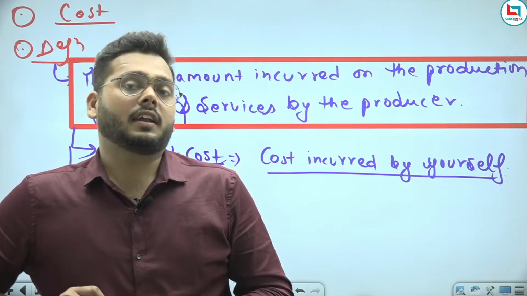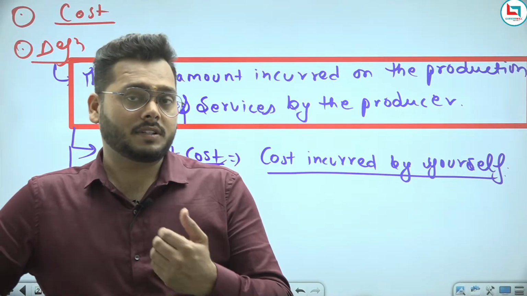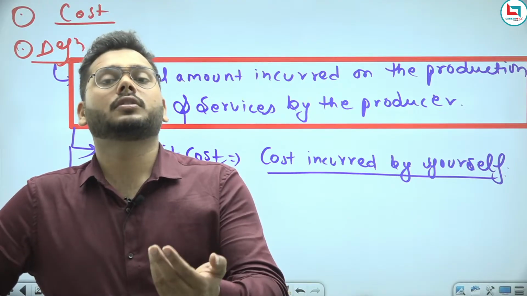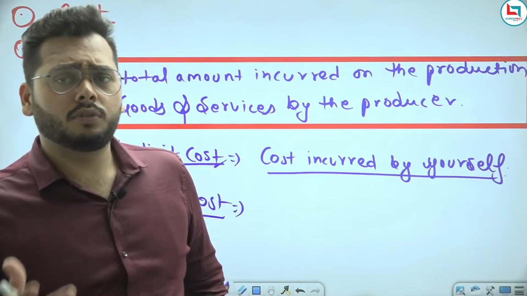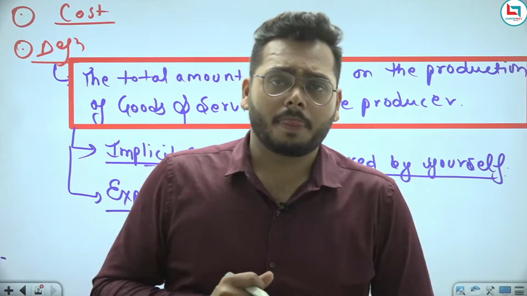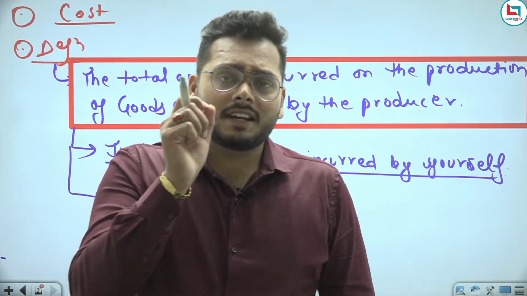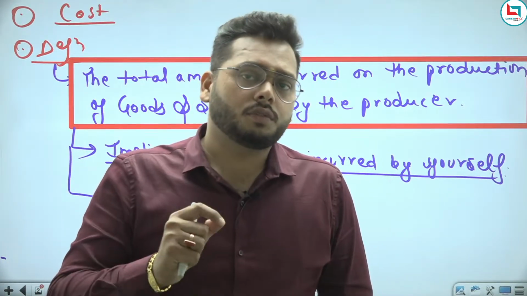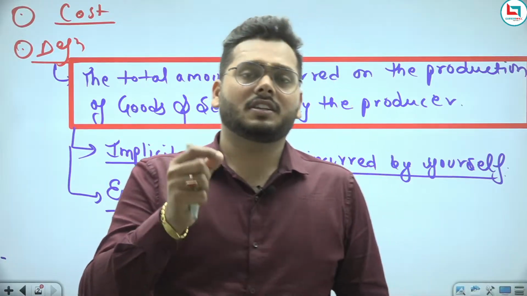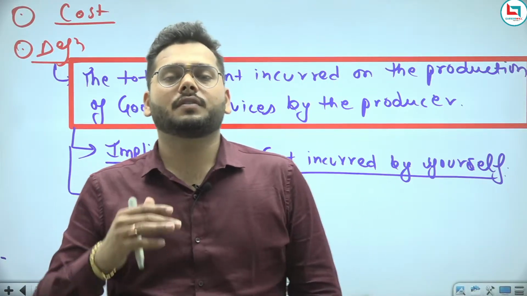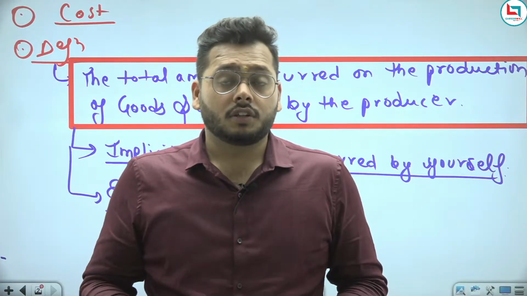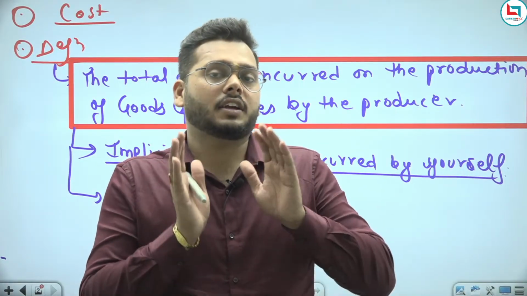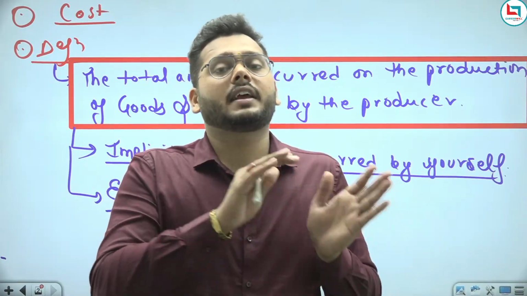If you purchased raw material, you have to pay some amount for the purchase of raw material. So whatever you are spending, or whatever payment you are making to another person, that happens in explicit cost.